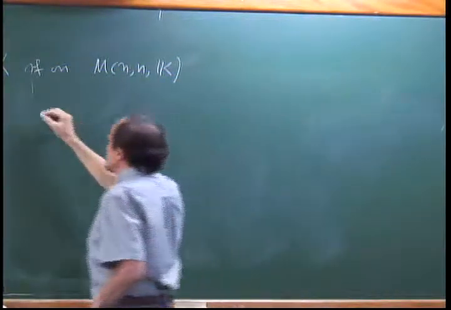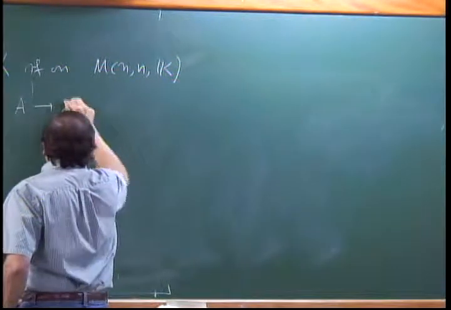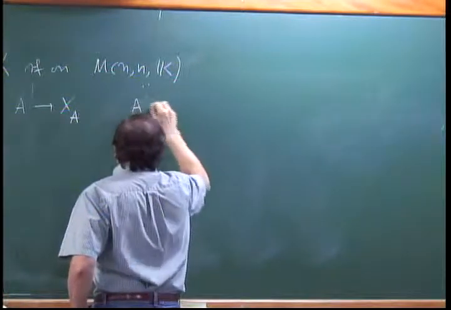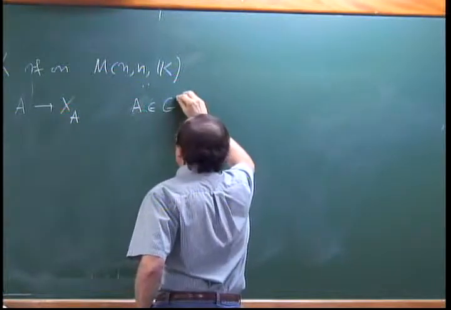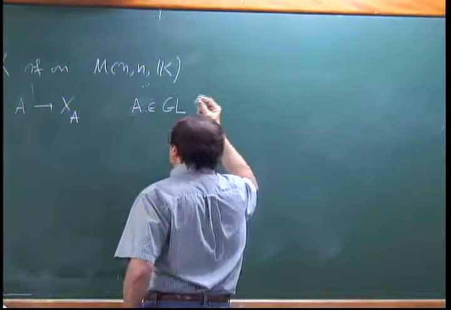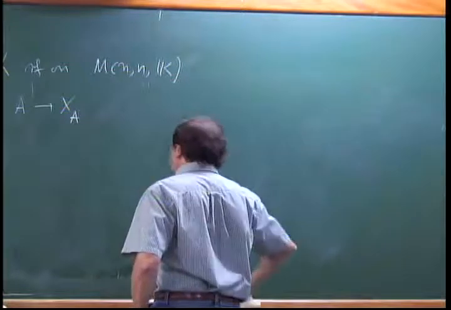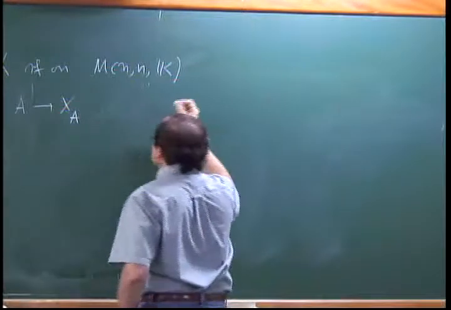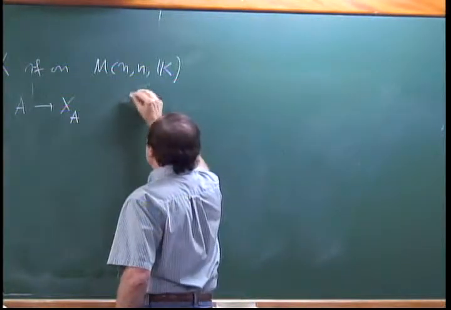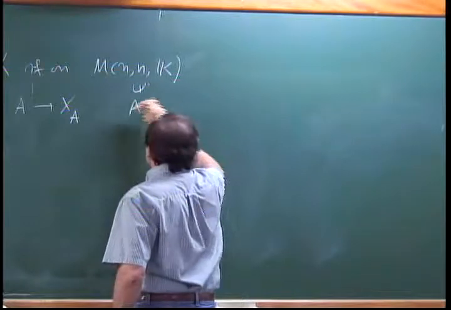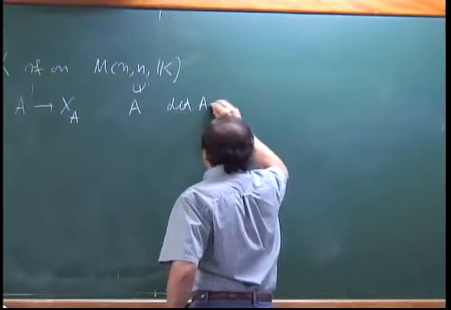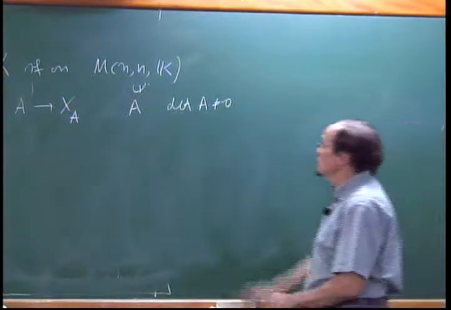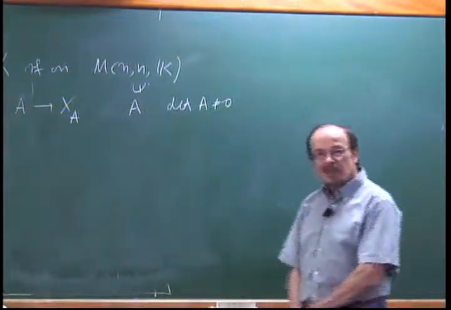So then I'm going to denote this as A goes to X at the point A, if A is a point in GL(V), inside the invertible n by n matrices. I don't have a good name for that. So at each point in the invertible matrices, I have a vector at that point, because this is a vector space, right?